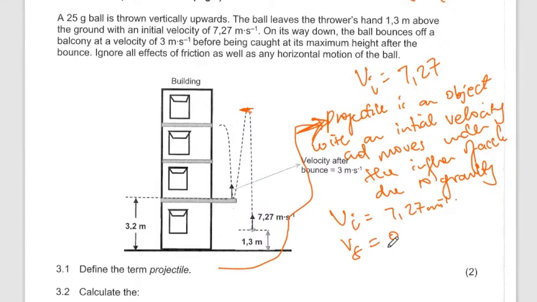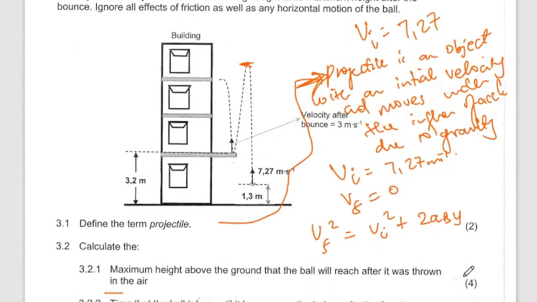Okay, then we can use the V squared equation. So VF squared is equal to VI squared plus 2 a delta y. Since the ball was thrown upwards, I'm going to take my upward as negative and my downward as positive. So 0 squared is equal to VI, which is 7.27 squared, plus 2 times a, which is now negative 9.8, times delta y.